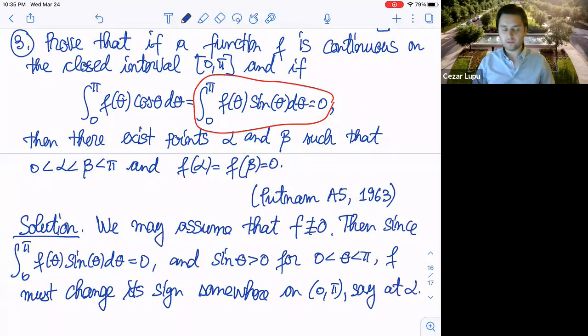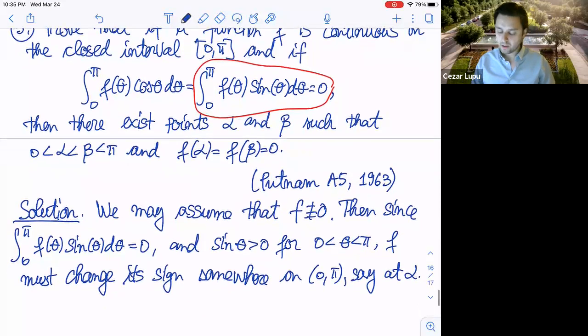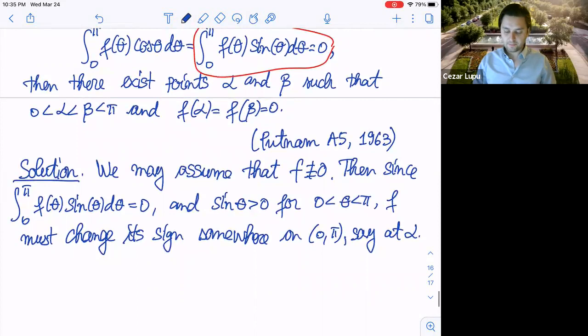And let's just say at alpha. So let's just say that f will change sign at alpha. And now let's analyze this.